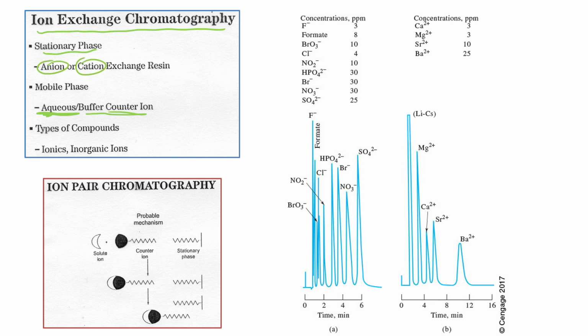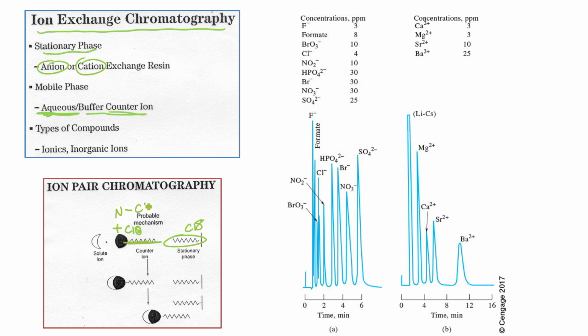And we can do something what's called ion pair chromatography, where we can take a nonpolar stationary phase like a C18, and we can bind to it something that has charge. So maybe this is a C10 group that has a quaternary amine at the end of it. So like an NH.